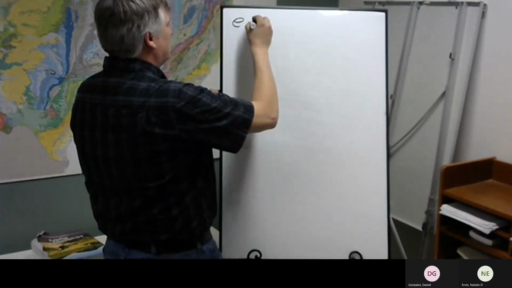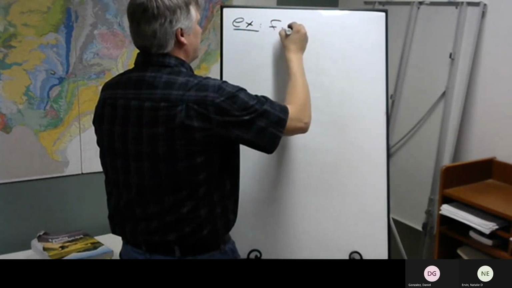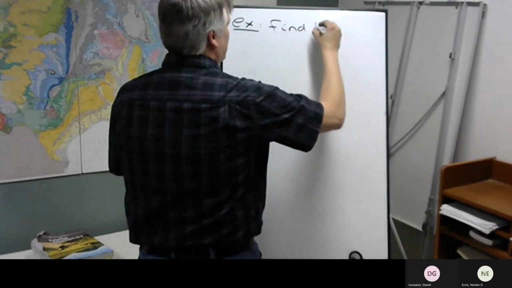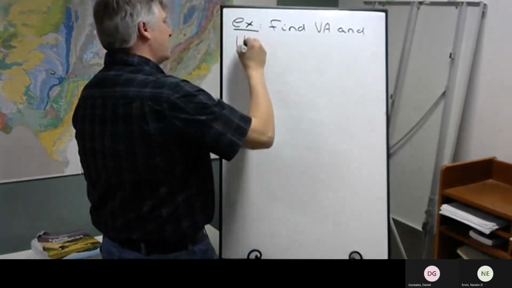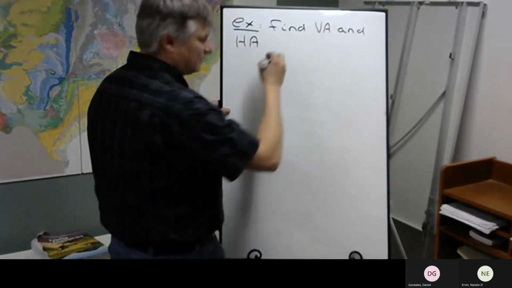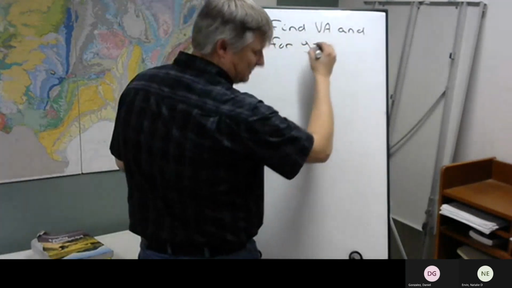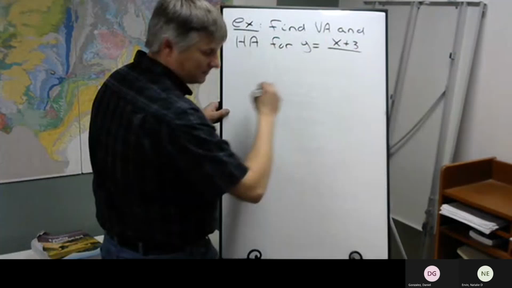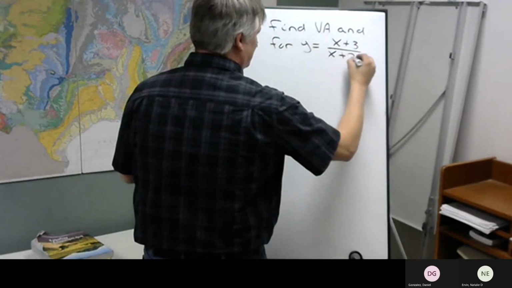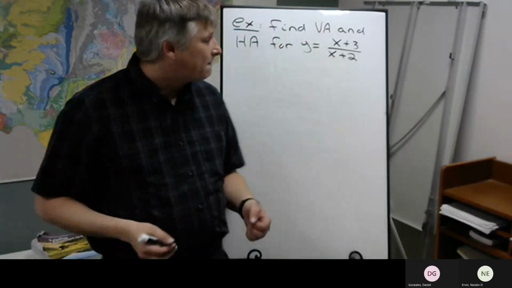So for example, say we're going to find the vertical asymptote and the horizontal asymptote for this. y equals (x plus 3) over (x plus 2).